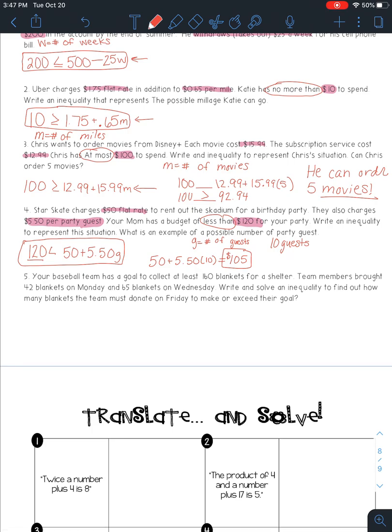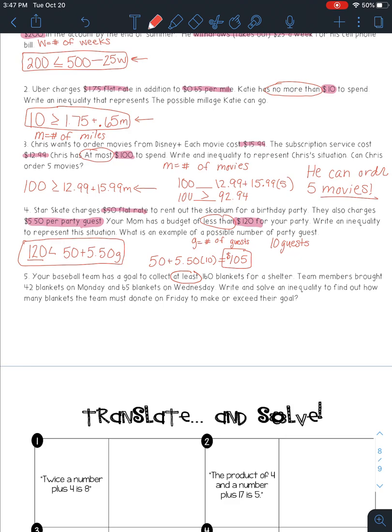Your baseball team has a goal to collect at least 160 blankets for a shelter. Team members brought 42 blankets on Monday and 65 blankets on Wednesday. Write and solve an inequality to figure out how many blankets the team must donate on Friday to make or exceed their goal.